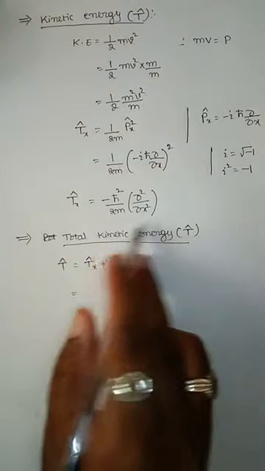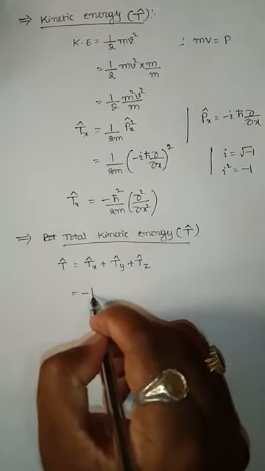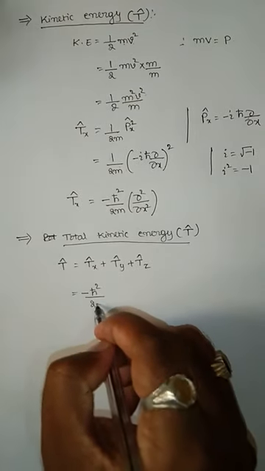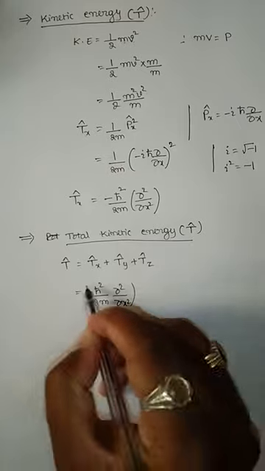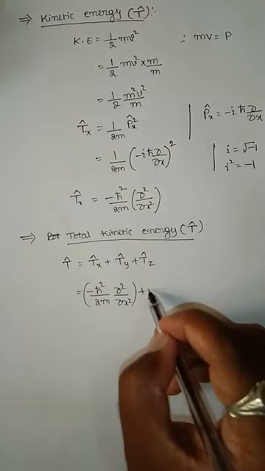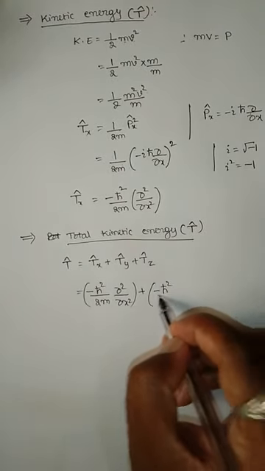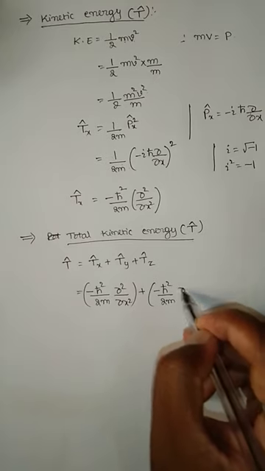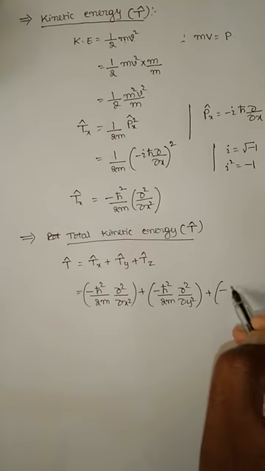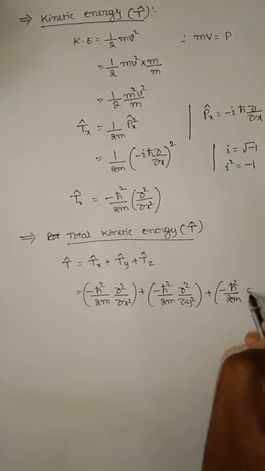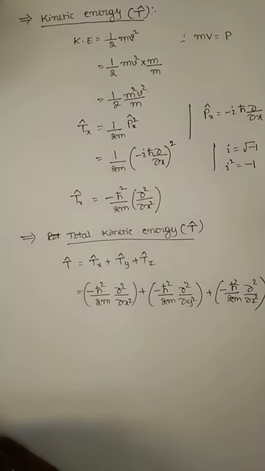So here we have the value for Tx cap, that is minus h cross square by 2m into dou square by dou x square, plus Ty, minus h cross square by 2m into dou square by dou y square, plus minus h cross square by 2m into dou square by dou z square.